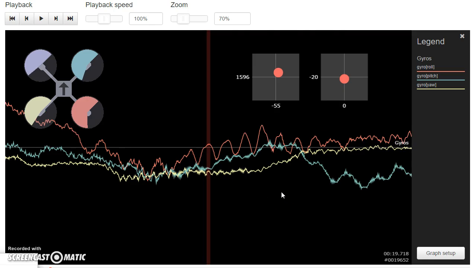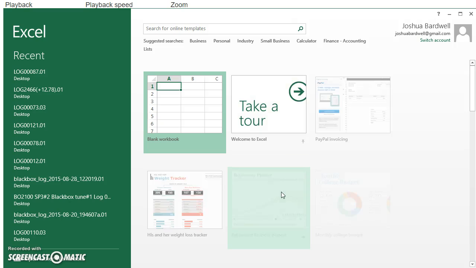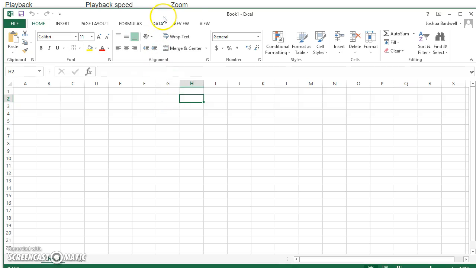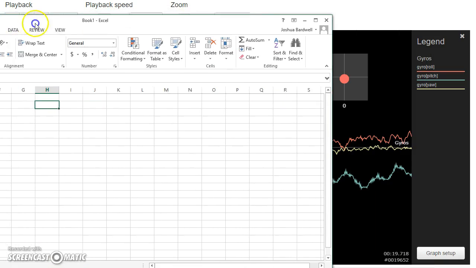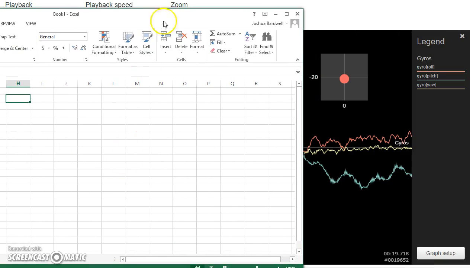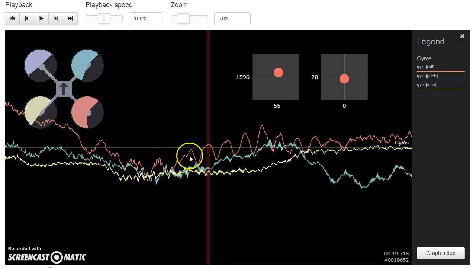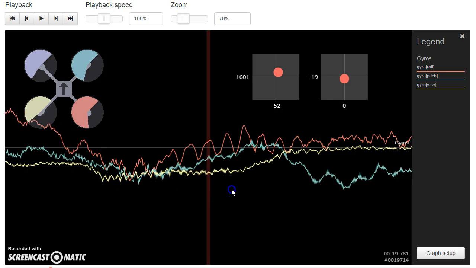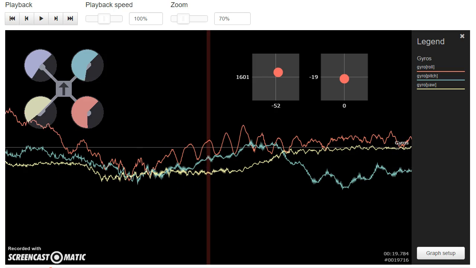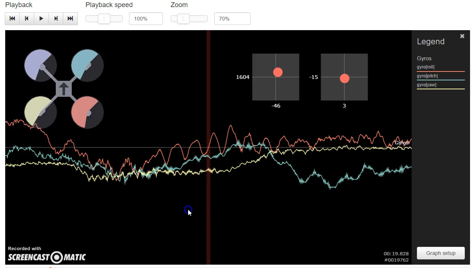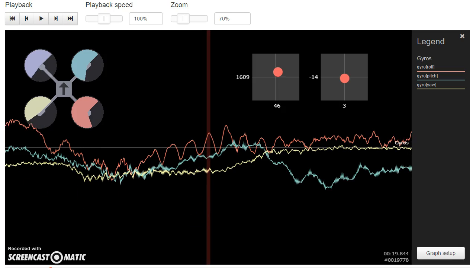And in fact, let me pull up our good friend Excel here. Hang on, I'm going to move it off screen. I'm just going to write the timestamps in for the peak of each one: 19.718, 19.784, 19.884.